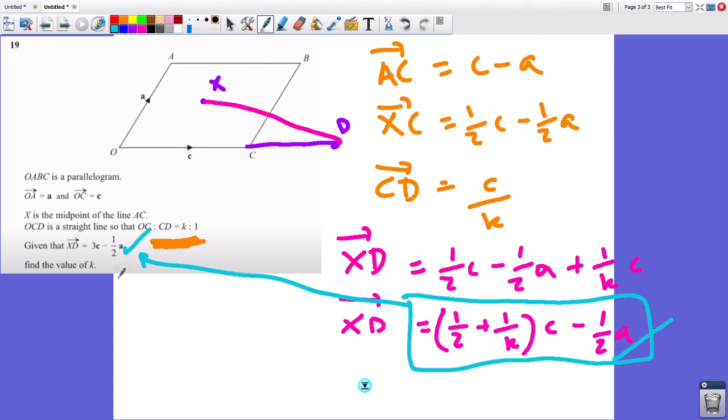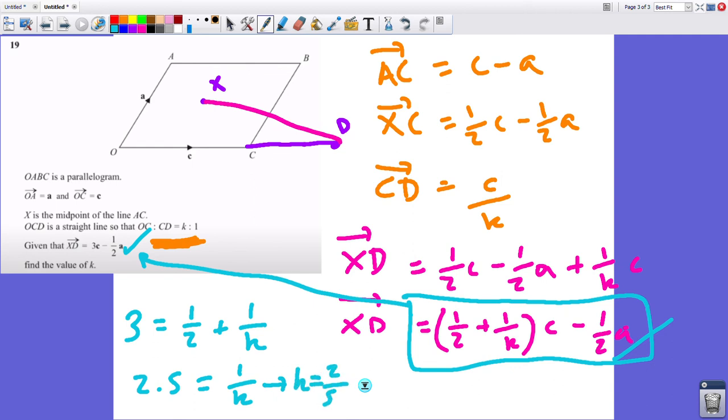Now their coefficient of C is 3, and my coefficient of C is the thing in the bracket, so 1 over 2 plus 1 over K. I'll take away half from both sides, so 2.5 is equal to 1 over K, which leaves K as 2 over 5 or 0.4, and that's the final answer. So the value of K is equal to 0.4 or 2 over 5.